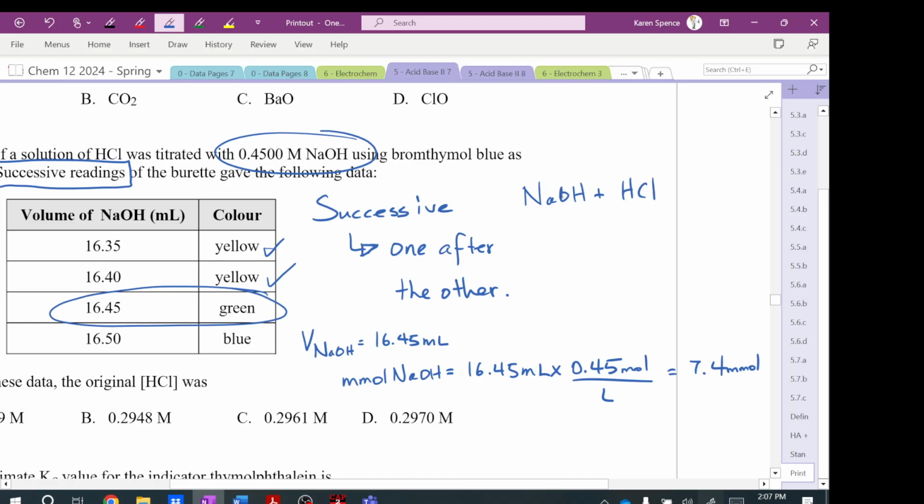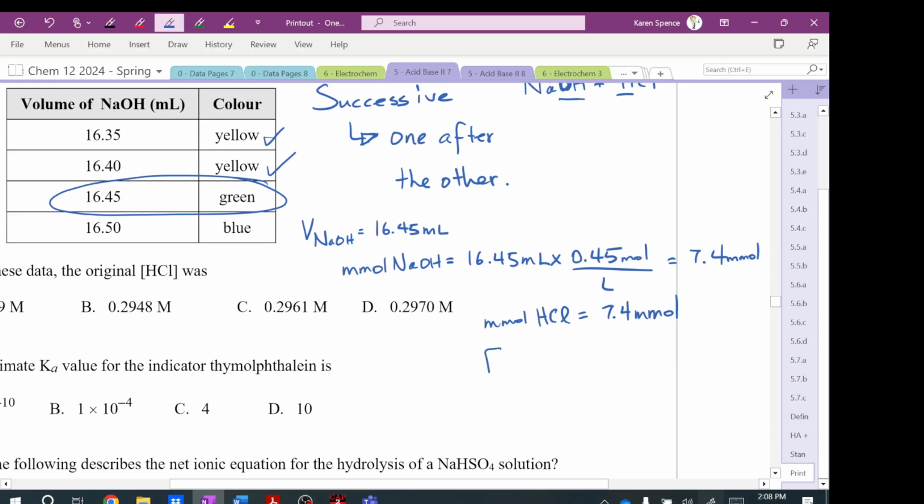Now you have NaOH reacting with HCl. Is this a 1-to-1 or a 1-to-2? This is a 1-to-1 because you've got one OH and one H. So the millimoles of HCl are also 7.4 millimoles.